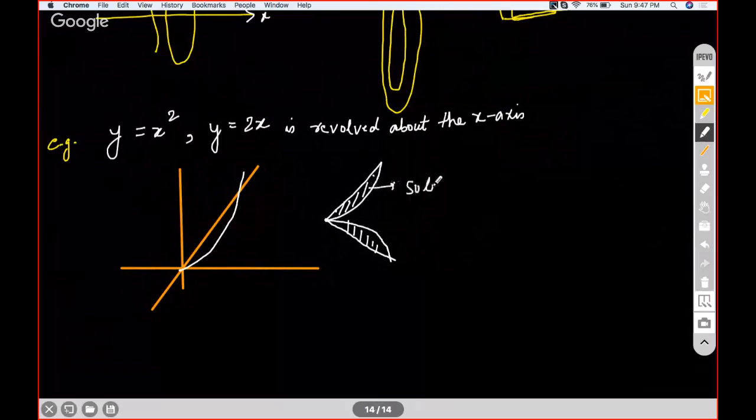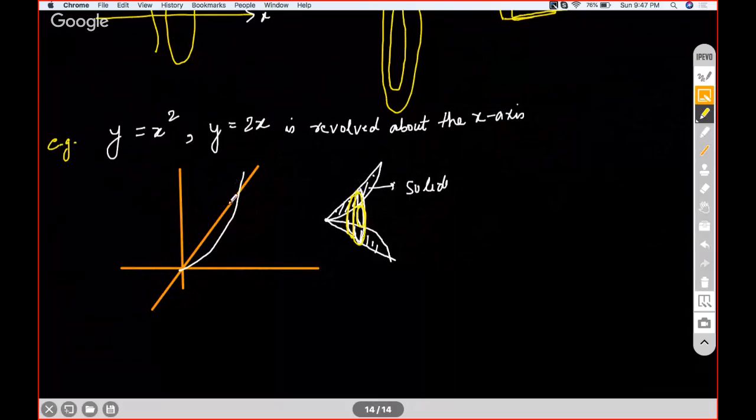So basically you can assume that there is a hollow washer like this going around it. This is the hollow washer that you are making, and you're trying to find the volume of this, integrating these small washers to get the final answer.